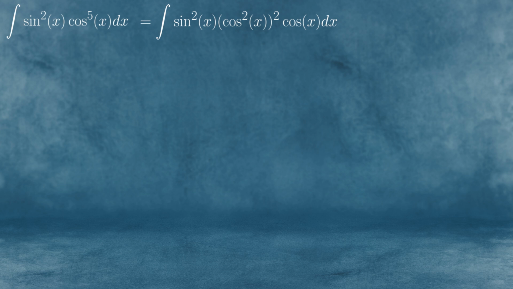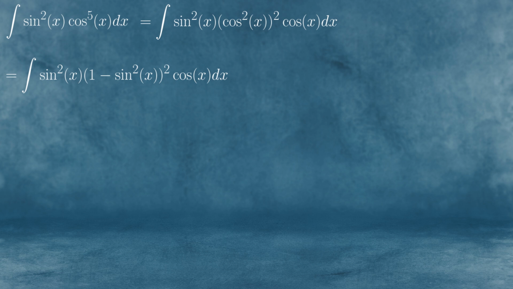And by using the fact that sine square of x plus cosine square of x is equal to 1, we can solve for cosine square of x and know that cosine square of x is equal to 1 minus sine square of x. Thus, the previous integral will be equal to the integral of sine square of x times 1 minus sine square of x squared times cosine of x dx.